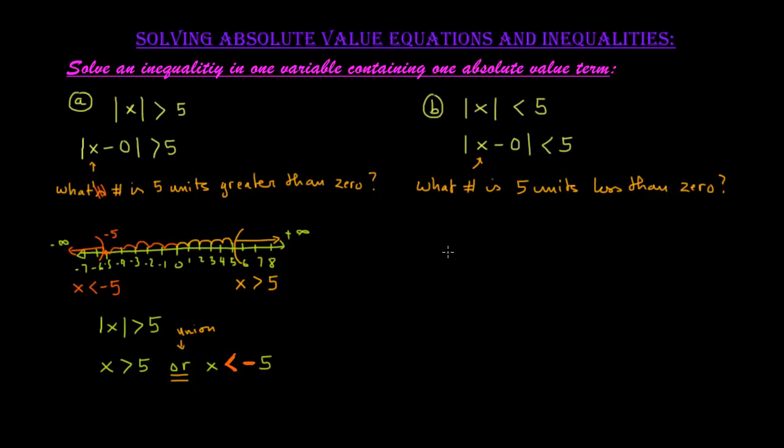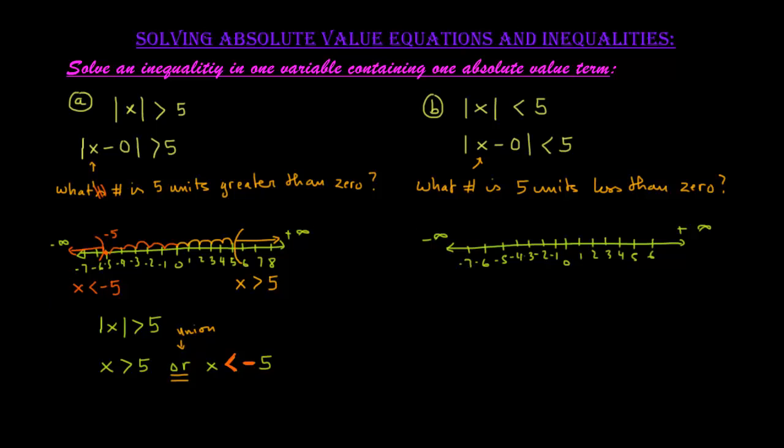To answer this problem, we're going to use the number line and see what number is 5 units less than 0. So we have 0 here, then 1, 2, 3, 4, 5, 6, and also the negative side: -1, -2, -3, -4, -5, -6, -7.